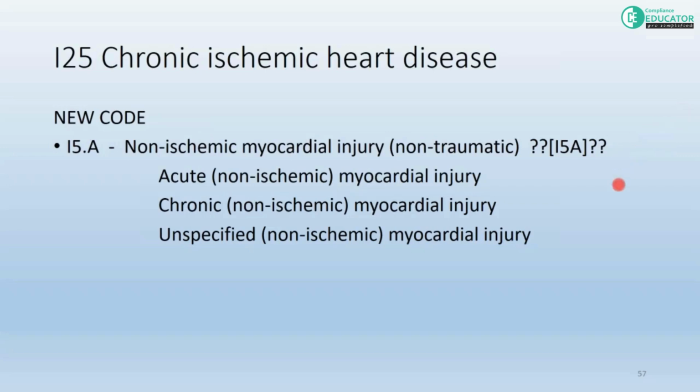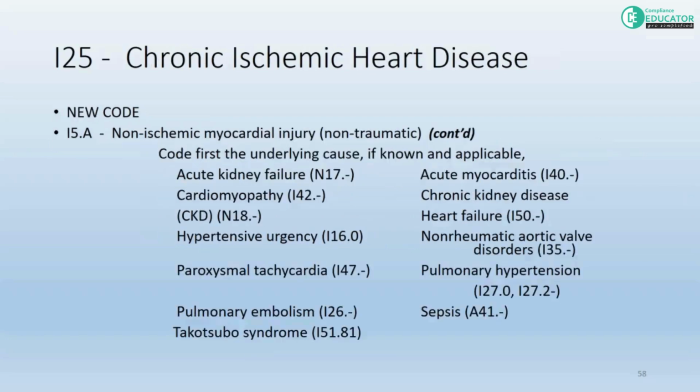But this is a new code for this non-ischemic myocardial injury, non-traumatic. Remember, essential modifier, don't have to have those words. And then we have acute, chronic, and unspecified. It tells us to code first an underlying condition if known, pardon me, and they talk about those specific kinds of conditions within the code set.